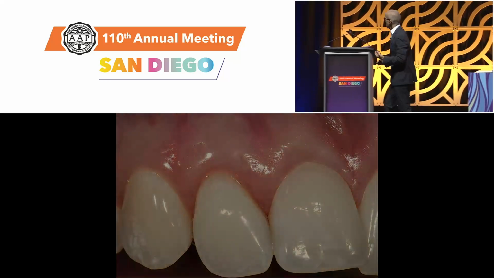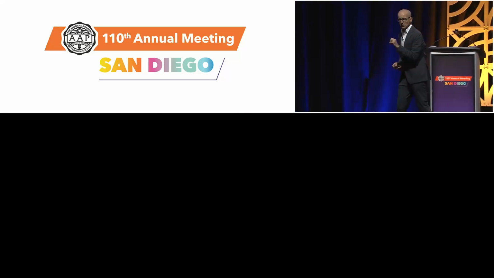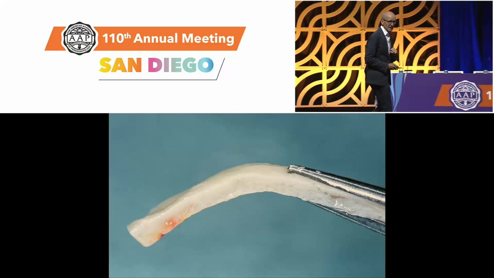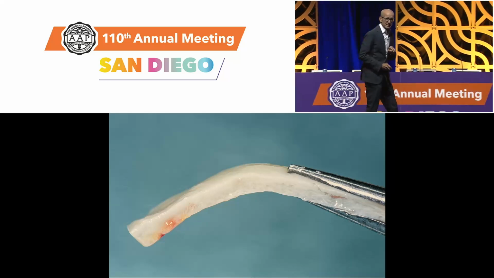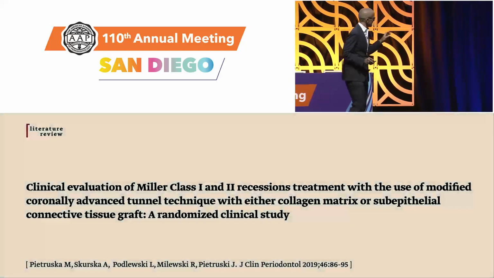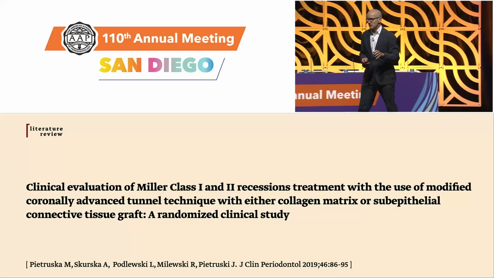I'm used to that. However, if instead of a deeply harvested connective tissue graft you would use a de-epithelialized free gingival graft, the outcome might look different. And this has also been demonstrated in scientific investigations.